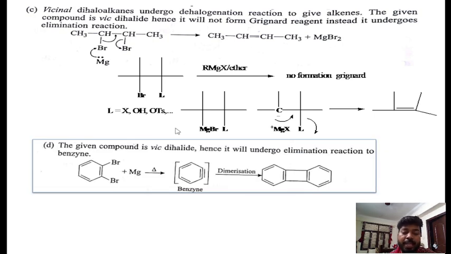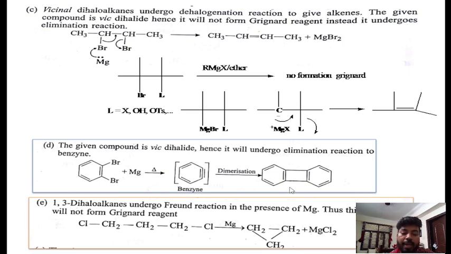Similarly, in 1,2-dibromobenzene, one of the bromines is involved in Grignard formation, and thereafter elimination gives a triple bond, that is benzyne. This benzyne intermediate further dimerizes to give this product.